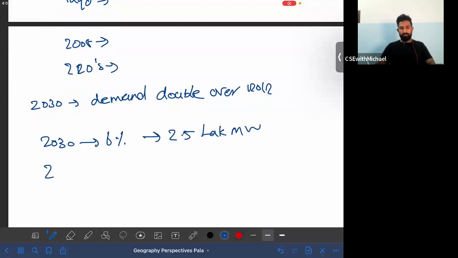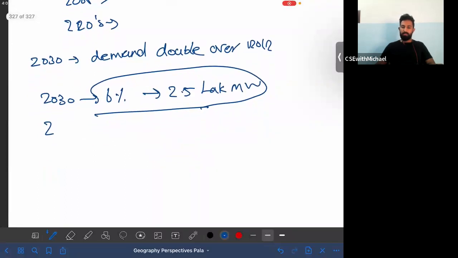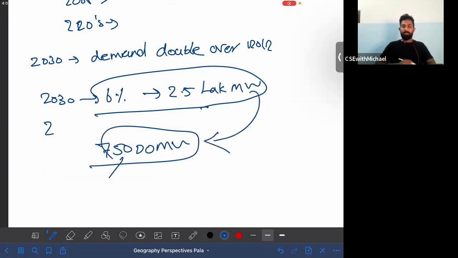Okay, and we may have to build more than 75 megawatt energy to bridge the gap. So this is the expected thing. There is a gap which we are expected to build by that time.